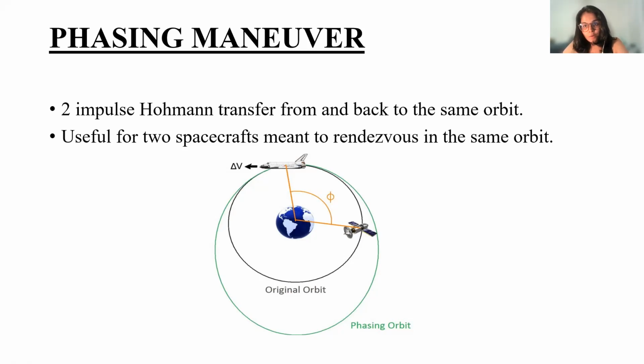The transfer orbit in a phasing maneuver is selected such that the spacecraft can be transferred to the new location within the orbit in a specified period of time. This feature of this maneuver is extremely useful for our case since we have a very tight mission deadline.